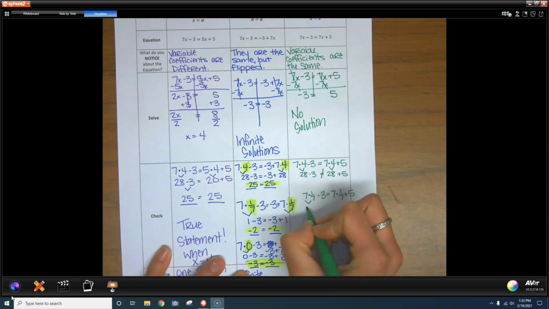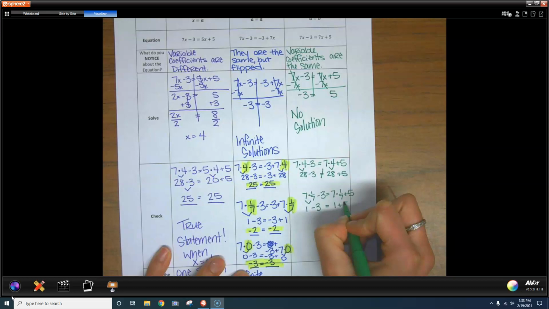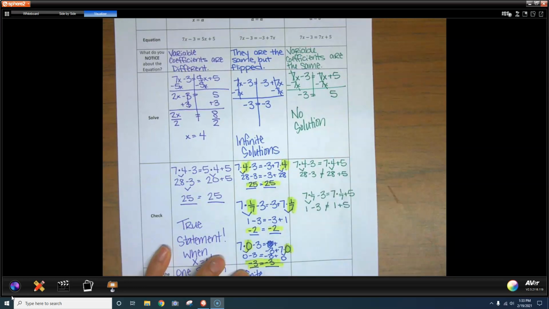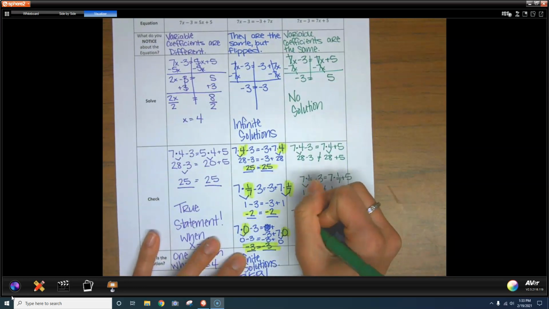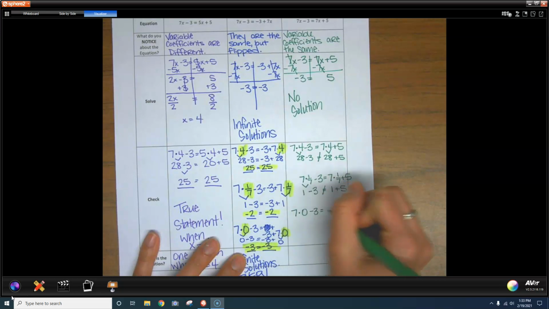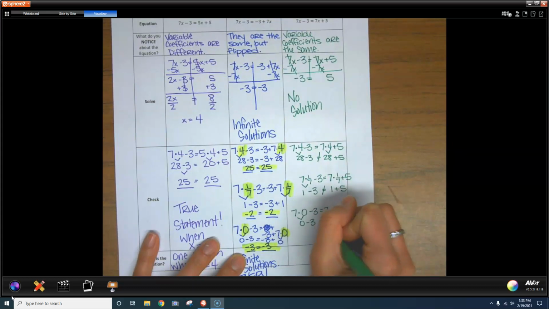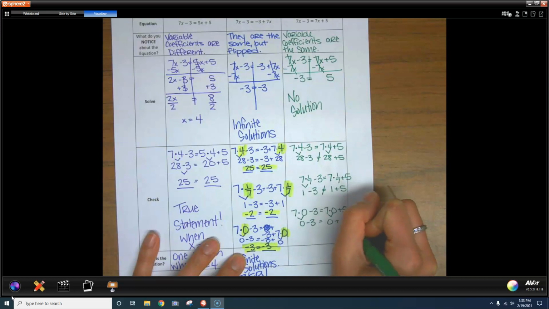Well, that makes 1 minus 3. And will that equal 1 plus 5? Nope, that one doesn't work either. All right, let's try 0. 7 times 0 minus 3 equals 7 times 0 plus 5. 0 minus 3 equal 0 plus 5.